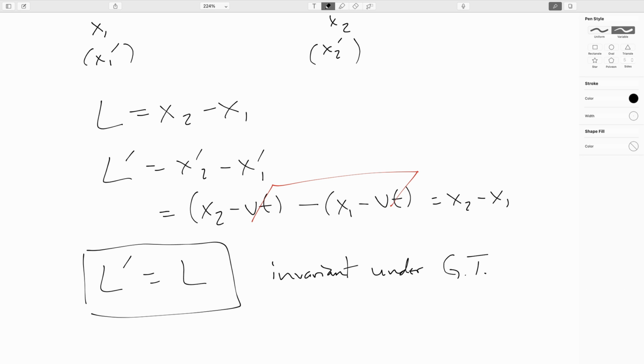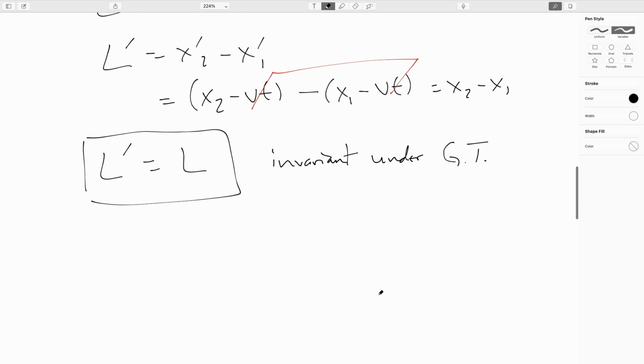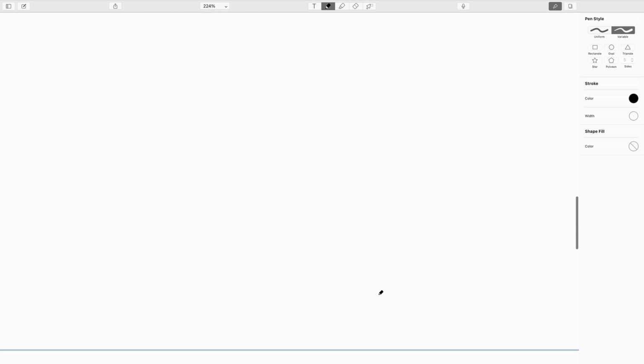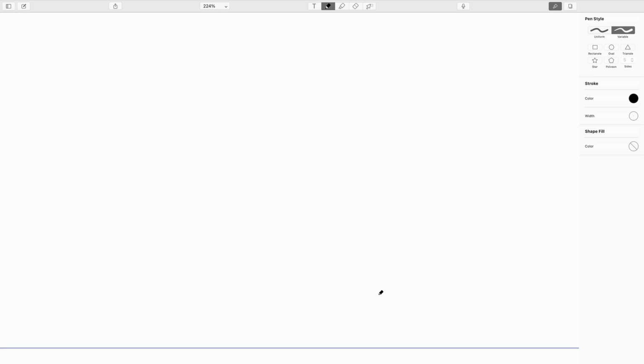So maybe let's just do an example real quick about how we could compare the speeds of things. Where this kind of thing can be really useful is in analyzing collisions.